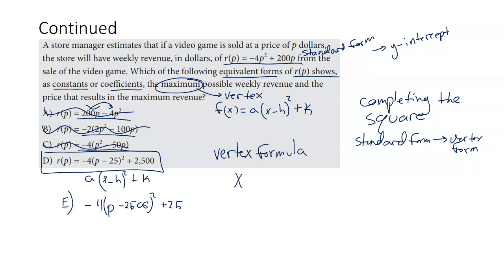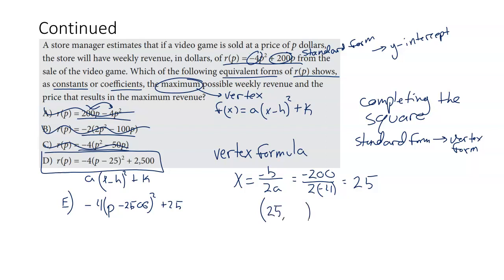Recall that that is x equals negative b over 2a. Again, this finds the x value of our vertex, so we need to figure out what that is. Again, looking back up at our standard form, b is 200, a is negative 4. When we solve that, we get 25. So the x value of our vertex is 25.